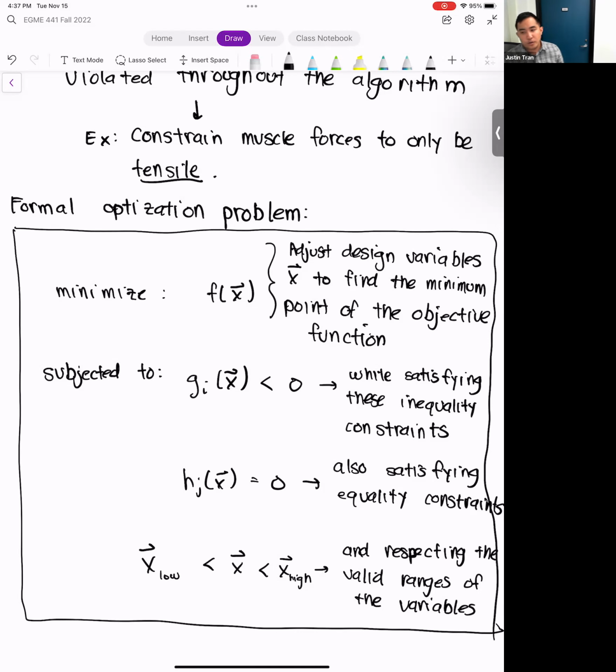And so this is kind of the formal statement of an optimization problem.